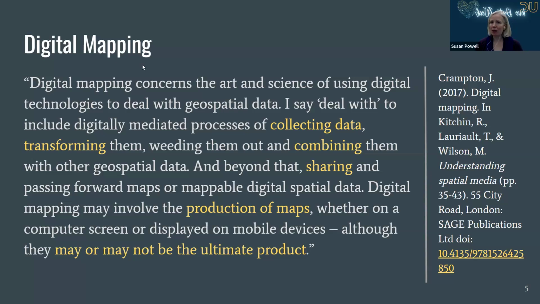So you may make some maps, or you may just do some analysis, and that's the piece that you're interested in. So I like this as it broadens up the concept of what we're talking about when we think about GIS and mapping.